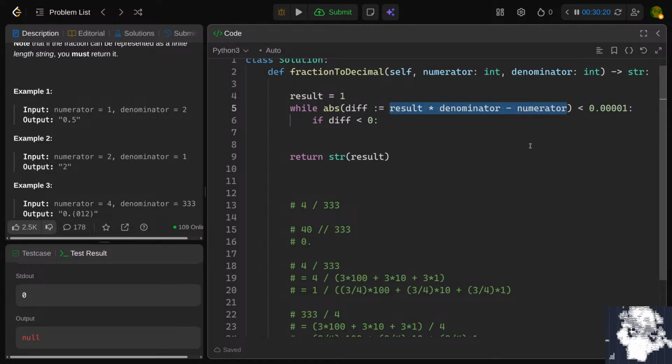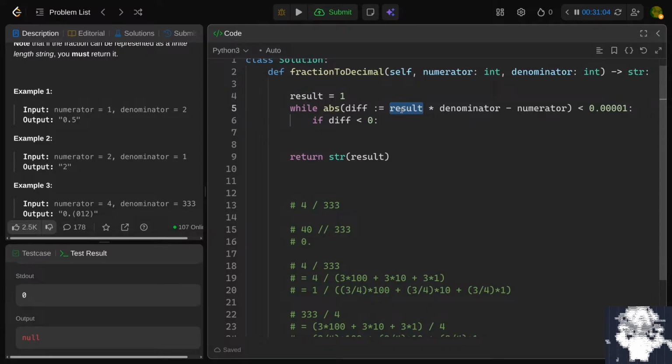I'm trying to figure out if that means I need my answer to be bigger or smaller. So let's say my answer is too big.